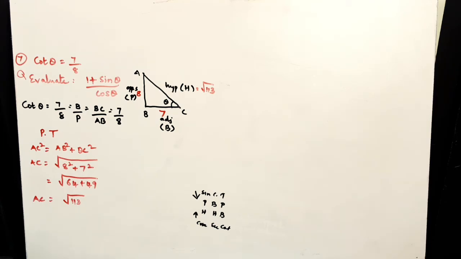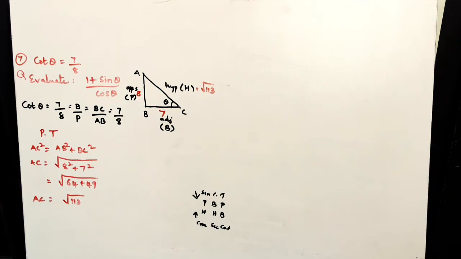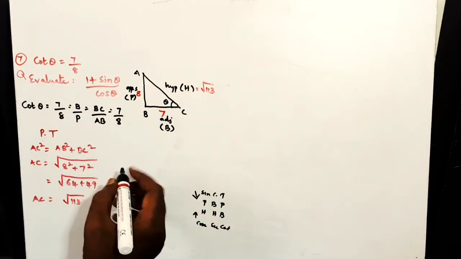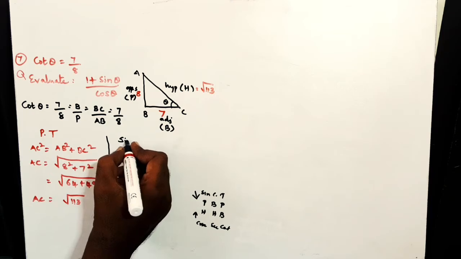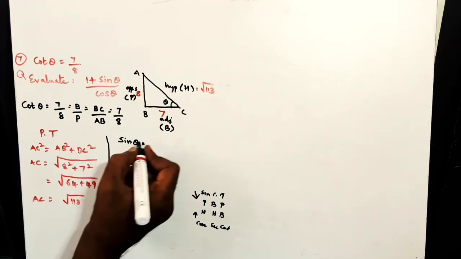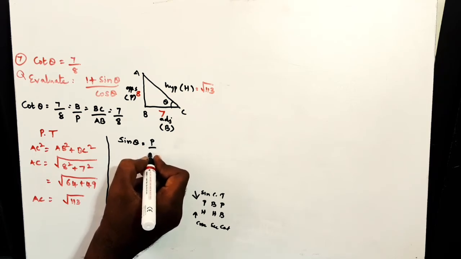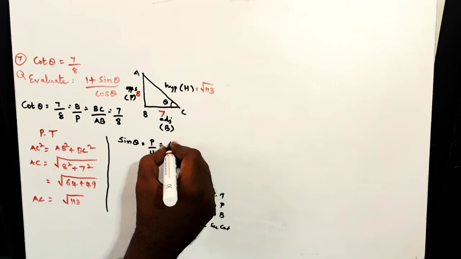Now, before evaluating this one, you have to find sin theta and cos theta. Sin theta is top to bottom, P by H. What is P? AB.